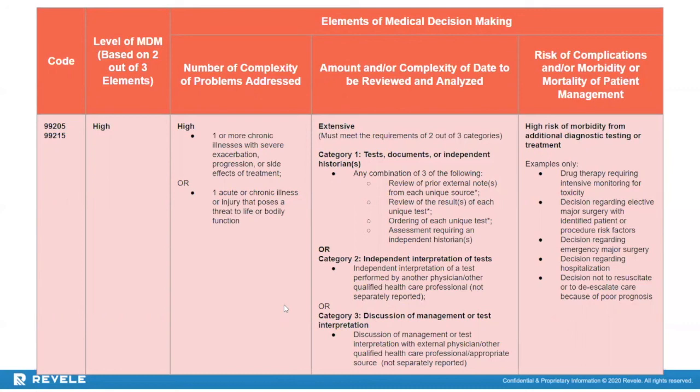Any combination of the 3 of the following would be a review of prior external note or notes from each unique source, review of the result or results of each unique test, ordering of each unique test, and or assessment requiring an independent historian or historians. For category 2, this is for independent interpretation of tests.